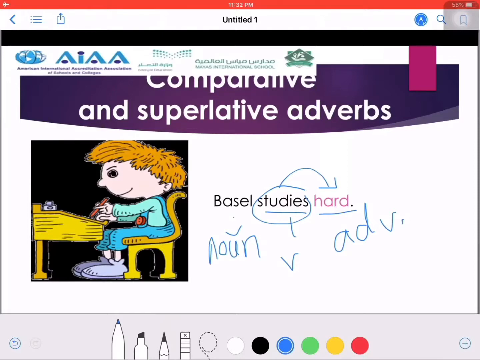And we said that an adverb can come before or after the verb. Okay? Let's see how we use the adverb hard to compare two actions.